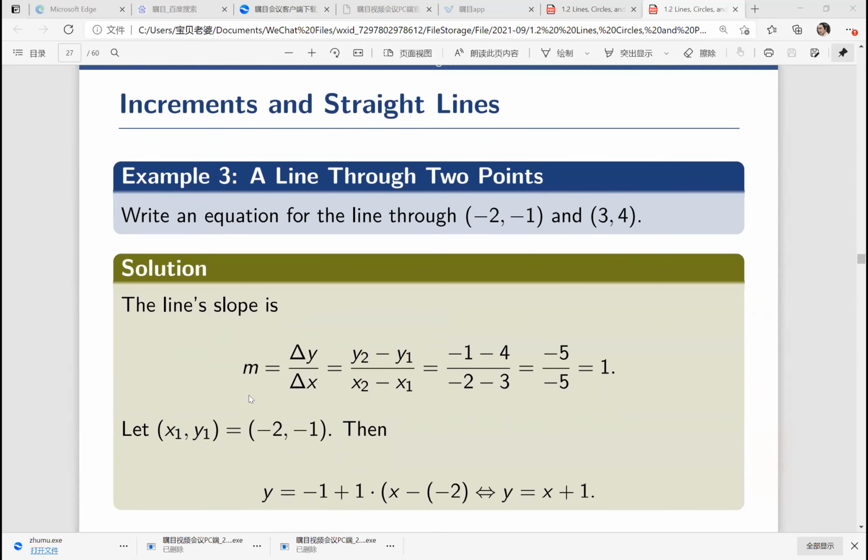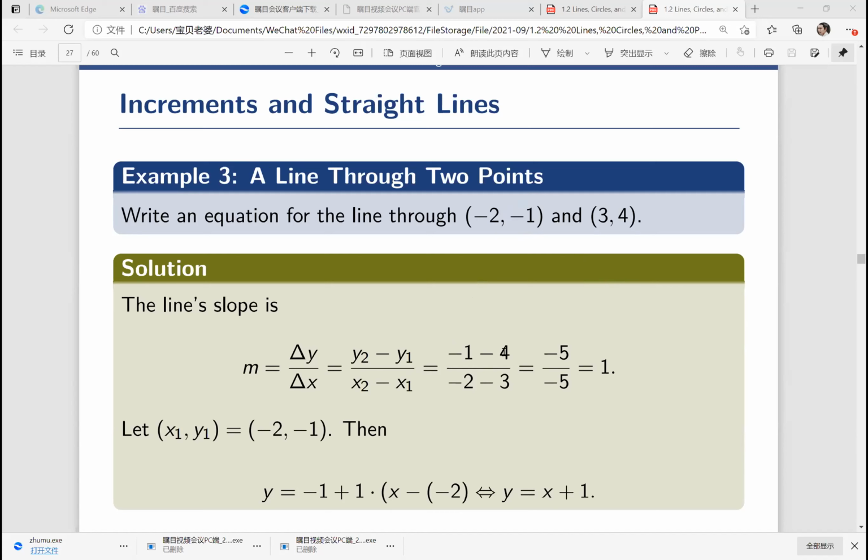The slope of this line is m, and m is equal to delta y over delta x, and delta y is equal to y sub 2 minus y sub 1 over x sub 2 minus x sub 1. Let's see, using -1 as y sub 2, it will be -1 minus 4.